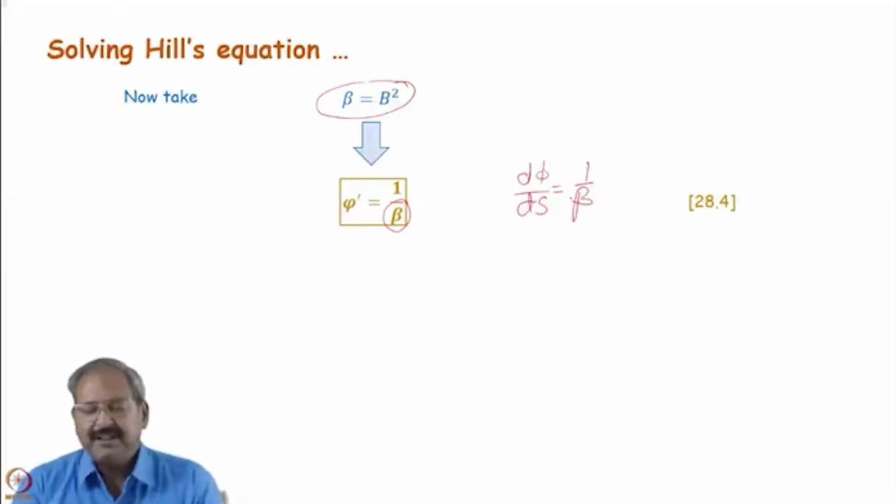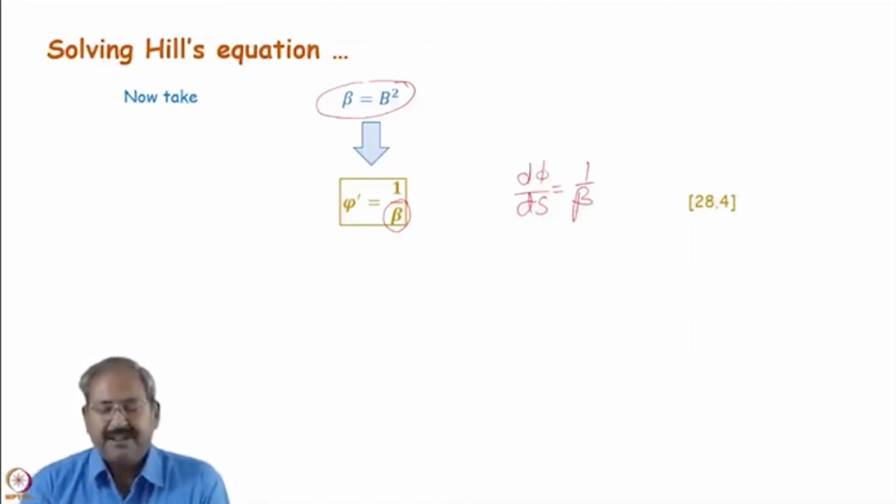So beta actually is the length of the optics for unit phase advance. So beta has a meaningful interpretation. It is the length of the optics in which the betatron phase advances by unit. So if you calculate the phase, it comes out to be the integral of ds by beta.